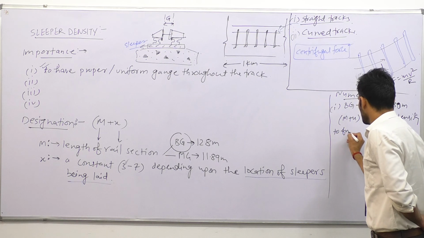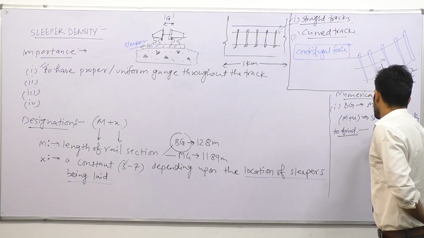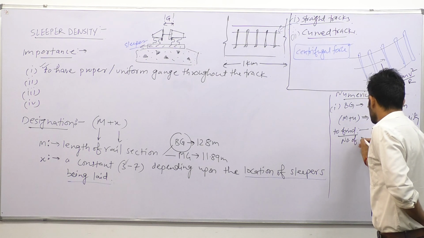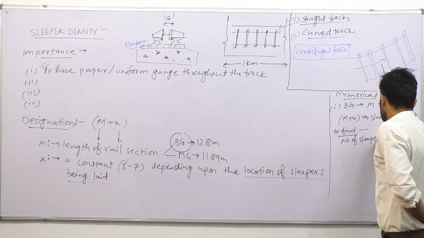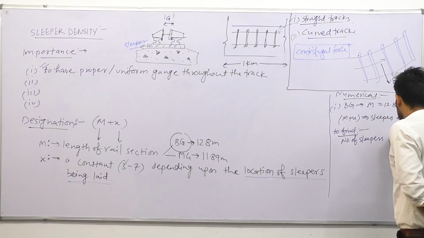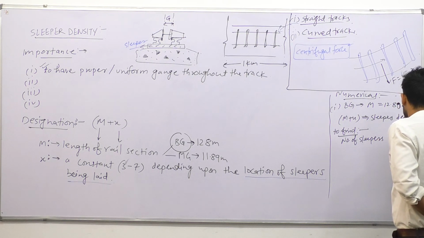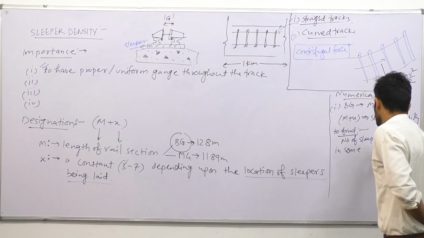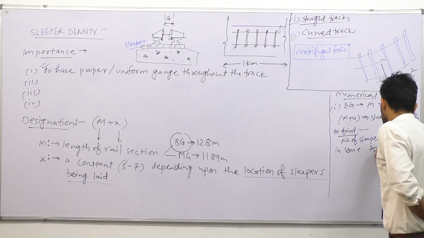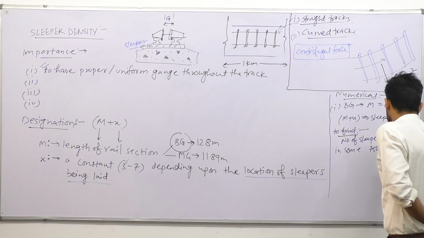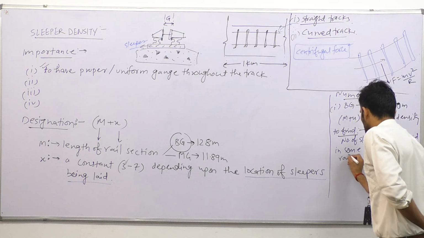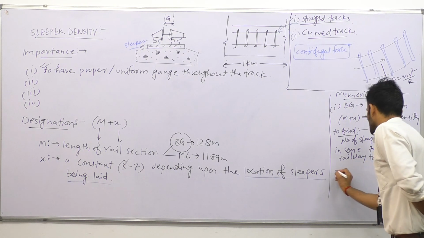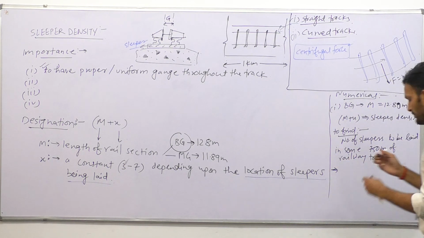The demand of the question is to calculate the number of sleepers to be laid in some 750 meters of railway track. So what will the approach be?